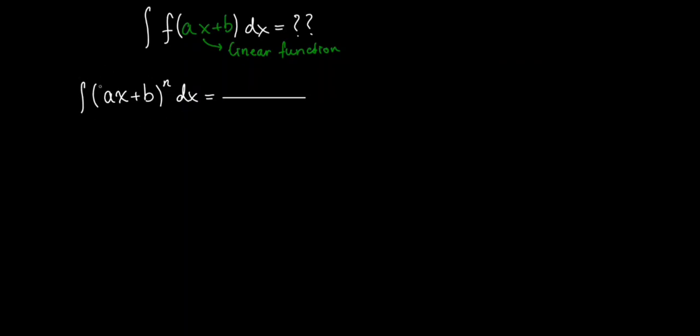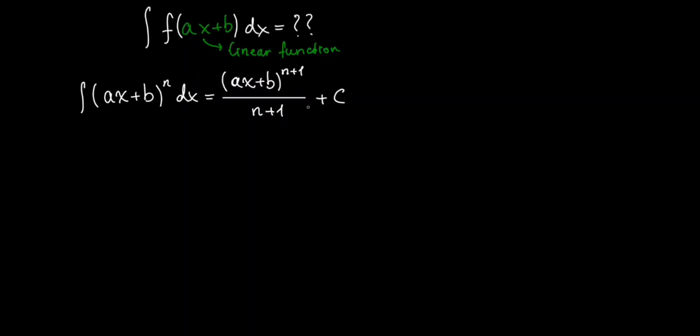Here we are integrating the function ax plus b raised to the power of n. This is a general expression. Based on the power rule, you already know the result is going to be ax plus b to the power of n plus 1, and then we have to divide by n plus 1.